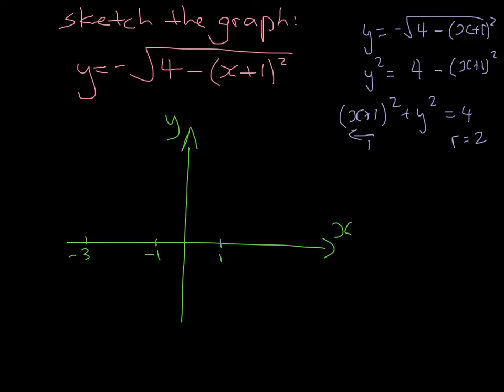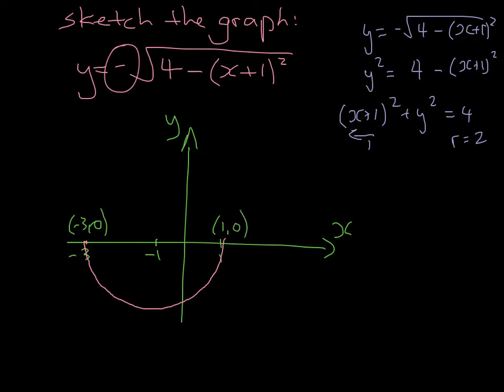So the graph will be the negative half of the circle, so I better make sure I do it the right way. Like so. I was nearly going to go up. Better rub that bit out. Hide my mistake, it never happened. Okay. And it's always good to label the intercepts. We've already labelled the x-intercepts. So if we want to label those in coordinate form, this will be at -3 and 0. And this one will be at 1 and 0.